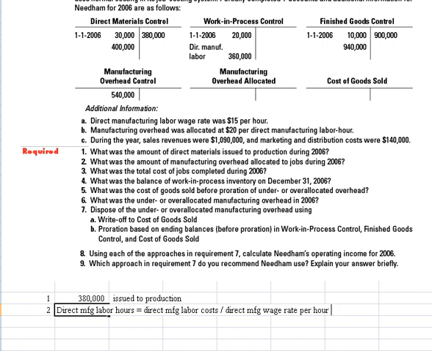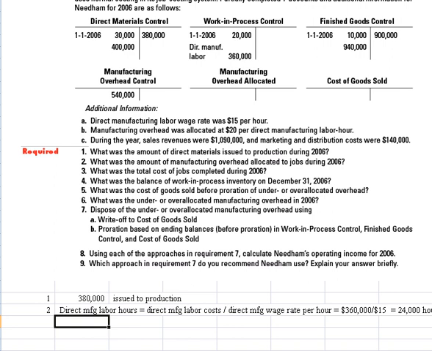And so that is going to be equal to the cost we see from the T account, which was $360,000. And we know that the direct manufacturing labor wage rate was $15 an hour. So if we divide that out, we come up with 24,000 hours.